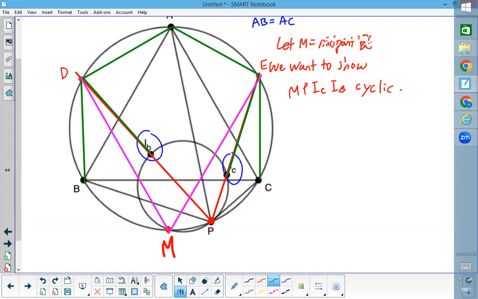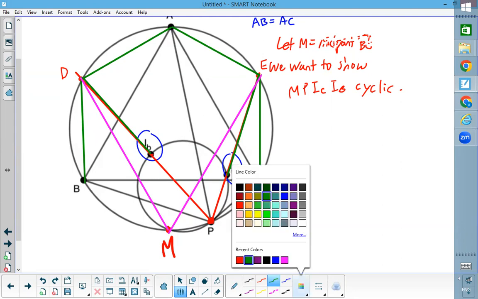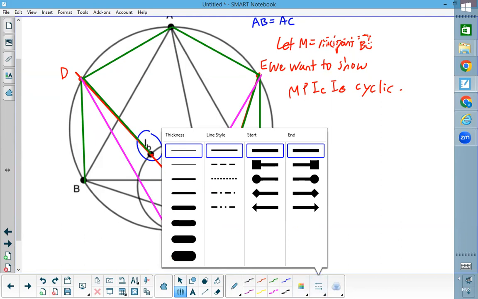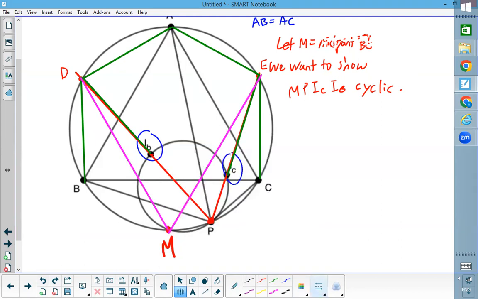We want to show that, therefore, you see here we have the green length and the purple length. After marking the equal lines, we have DM is equal to EM, and also DIB is equal to EIC.